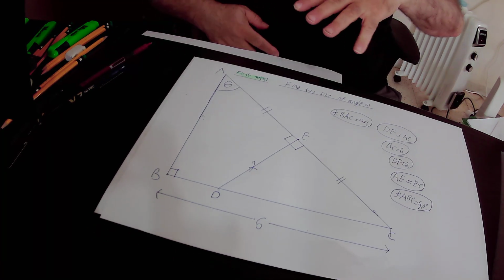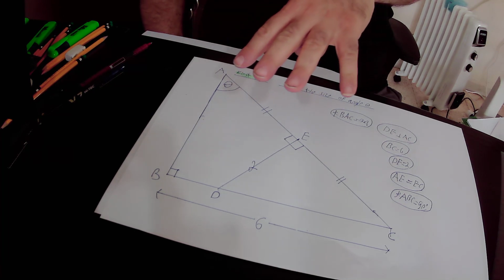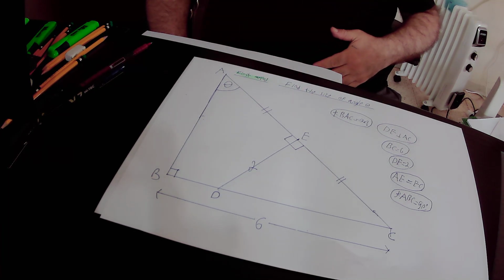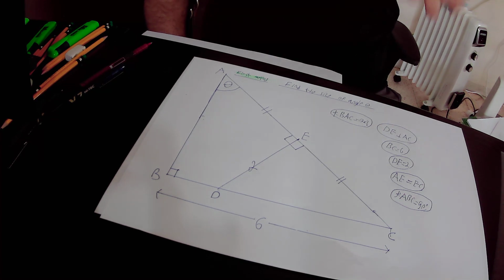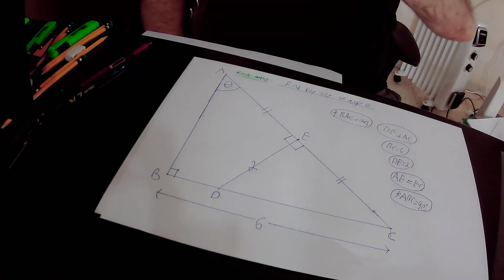In the second question, we have the right triangle, triangle ABC. We know that the side BC of the right triangle ABC equals 6 units.